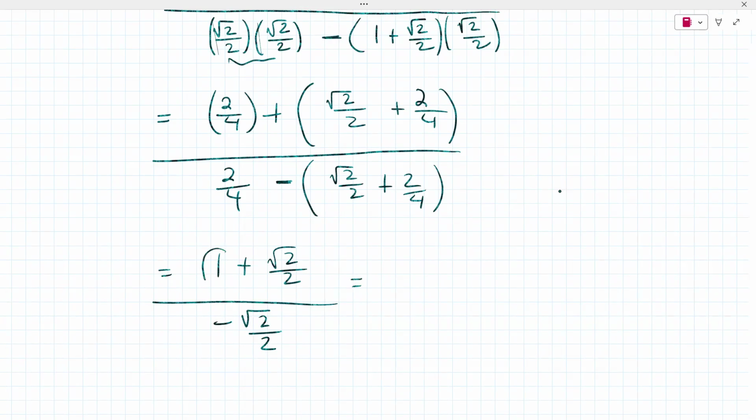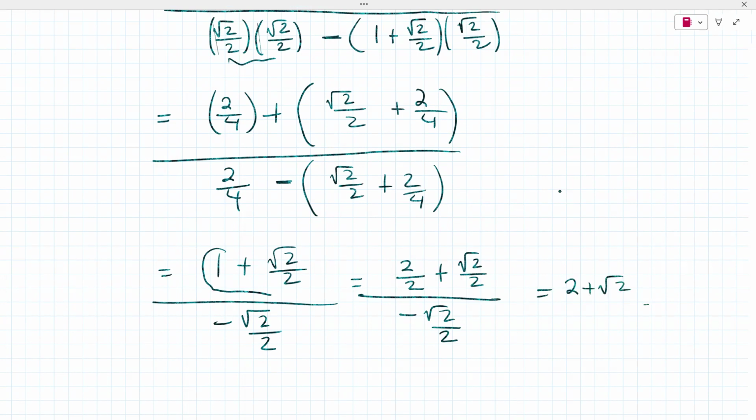You can simplify, so simplify the numerator. 1 could be expressed as 2 over 2 over negative square root of 2 over 2. And then when you finally clean that up, you get 2 plus radical 2 over negative radical 2, right?